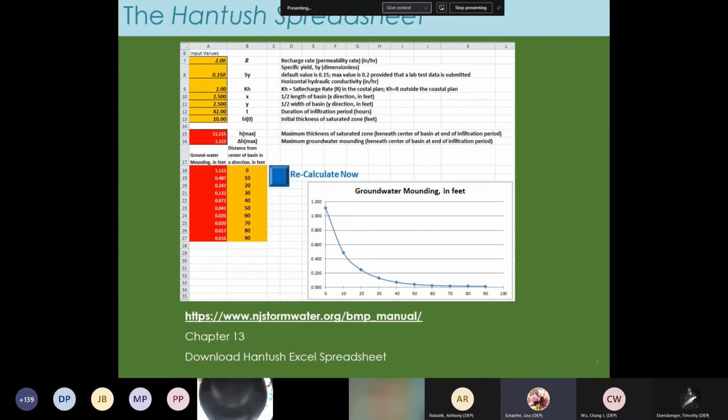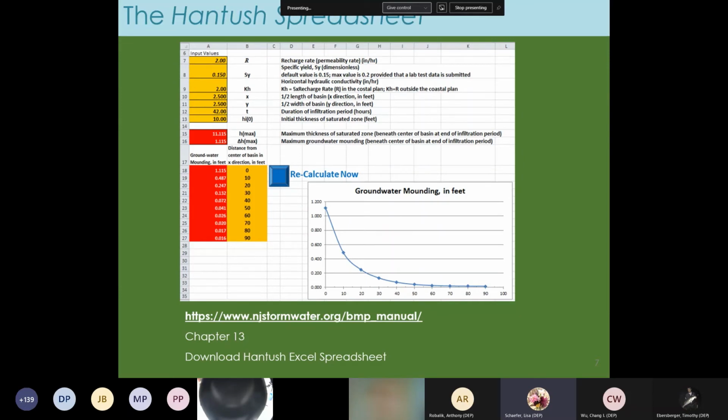So this is a screenshot of the Hantush spreadsheet. And I will note that if you've used this spreadsheet that was previously offered, the new one that is on our website is a little bit different. That's because in March of 2020, when we published Chapter 13, we changed some of the variables to be consistent with other terms that we use in stormwater management.